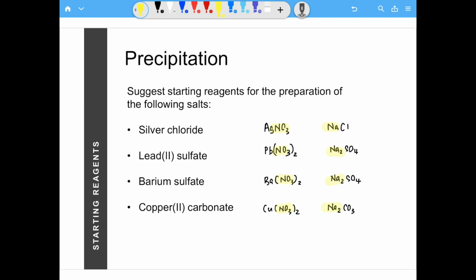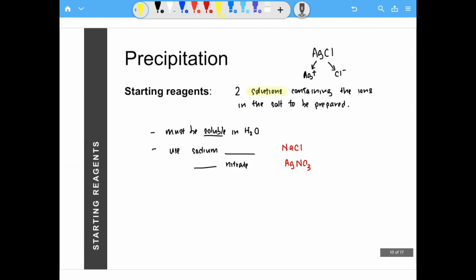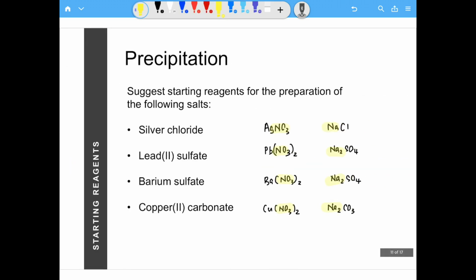The bottom line is this: as long as you have two solutions, meaning the two reagents are soluble in water, regardless of whether it's a sodium salt or nitrate salt, it can be used in the precipitation method. What do I mean by that? Let's look at the silver chloride example once again. To prepare silver chloride, I can also mix silver nitrate with hydrochloric acid.